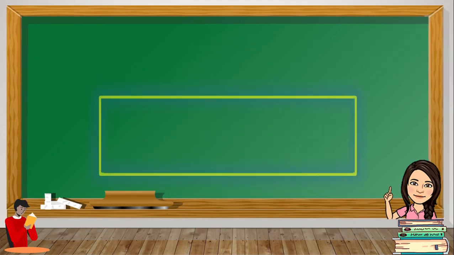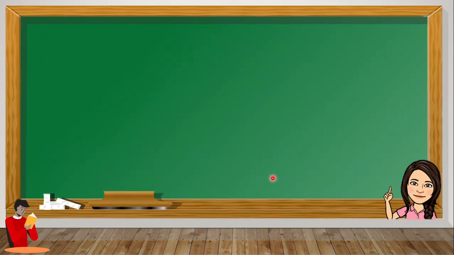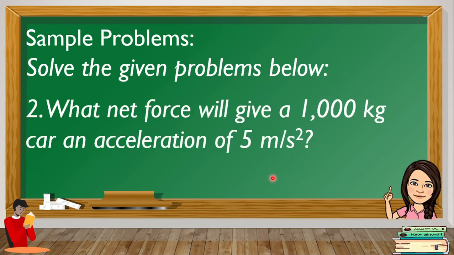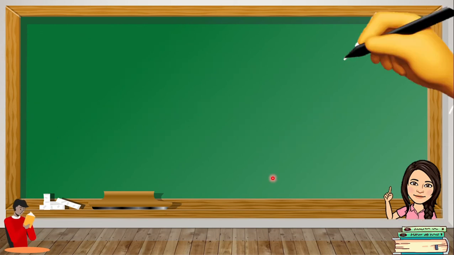What if we're looking for the force? Let's try to answer problem number 2. What net force will give a 1,000 kilograms car an acceleration of 5 meter per second squared? To answer the given problem, let's write again the given.